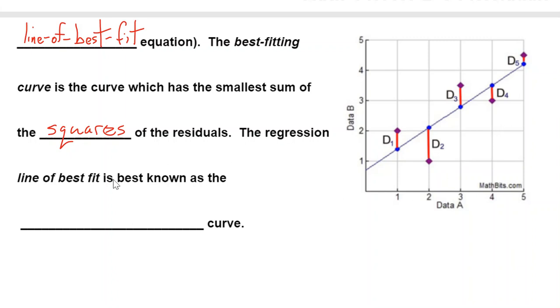Now, the regression line of best fit is best known as the least squares curve. By the time you start getting into statistics, they're going to stop calling it the line of best fit and start calling it the least squares curve, which, again, is just the line of best fit.